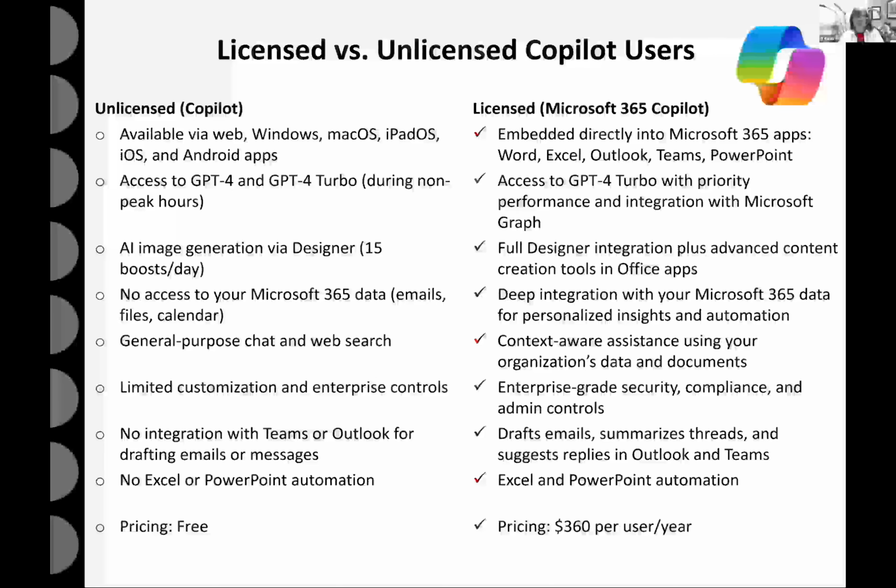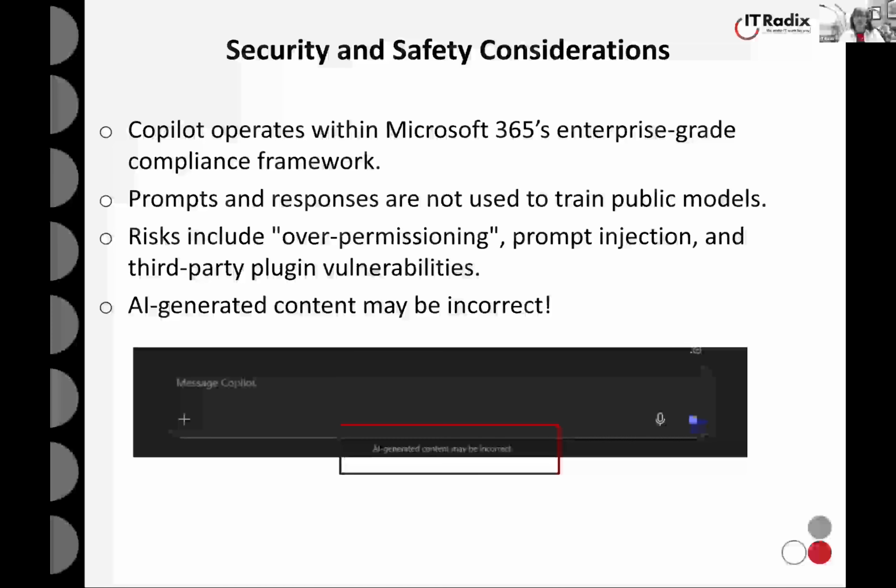If you're using the free, what it has access to is much more limited in terms of what's inside of your Microsoft world, whether it's your email or your Teams or things like that. If you have a licensed version, now it can see the information that you have within those various environments. You can see the pricing down here. That is the main point I wanted to make there.